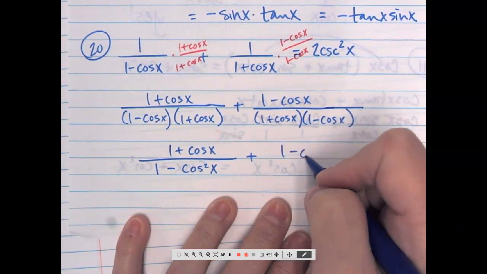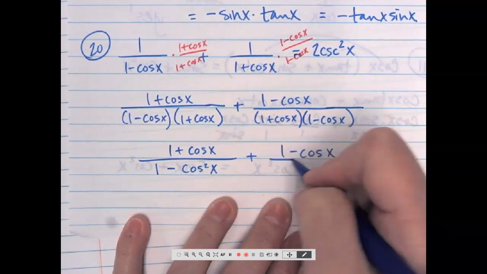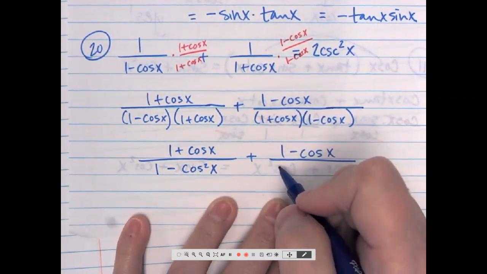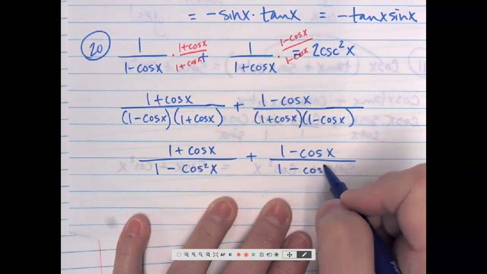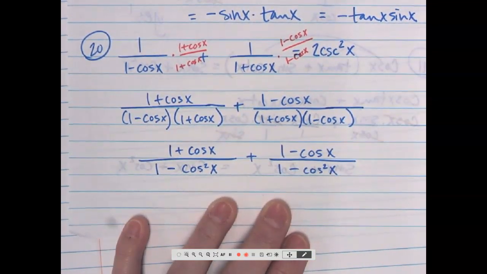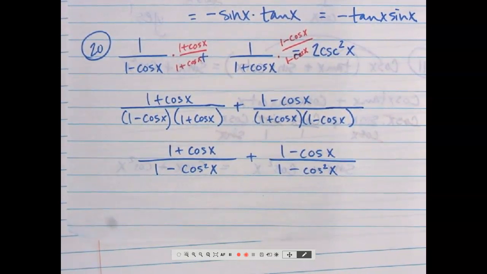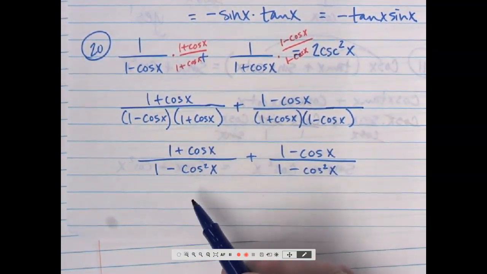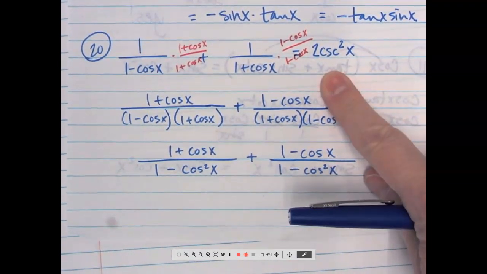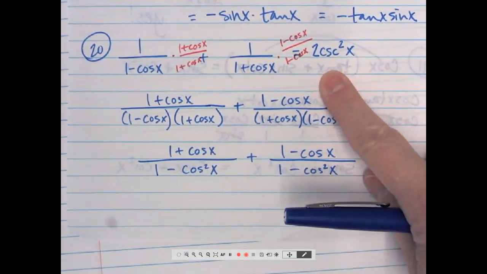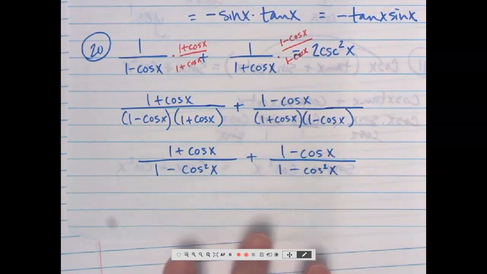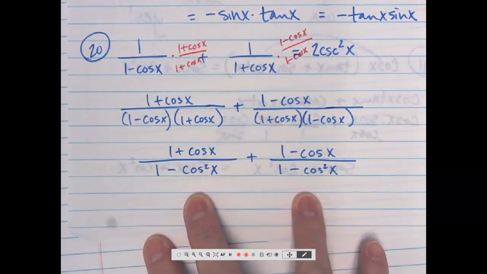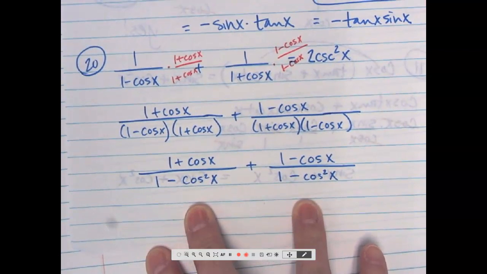Over here, I have 1 minus cosine over, I'm going to distribute this, I'm going to get the same thing. Okay, I still can't cancel anything because I don't have any common factors. Keep looking back at what we want. 2 cosecant squared. Okay, but now I do have common denominators at least.